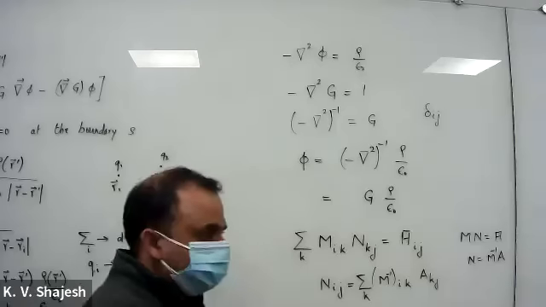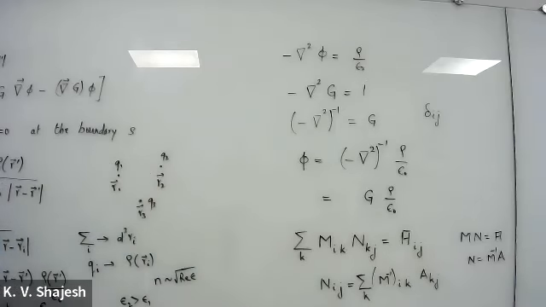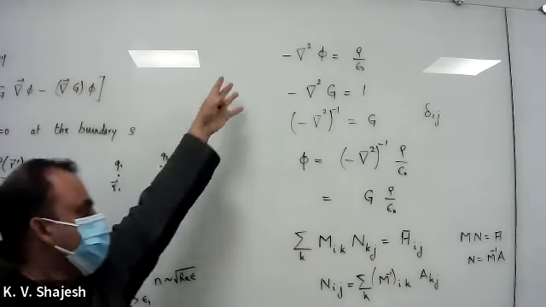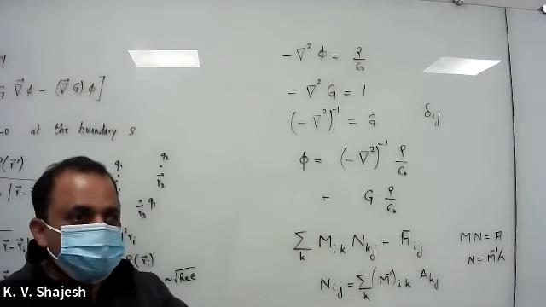That's a standard mathematical trick, and Green's function is a technique you use to solve second order differential equations. There are details, of course, like the boundary and all that, but broadly, this is all we are doing.